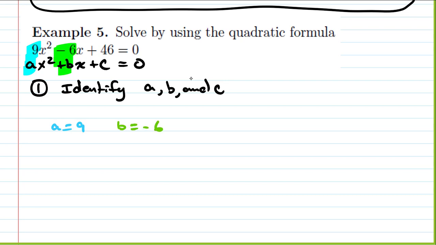And our C is going to be positive 46. So then we just put all of this into the quadratic formula. So we evaluate the quadratic formula.